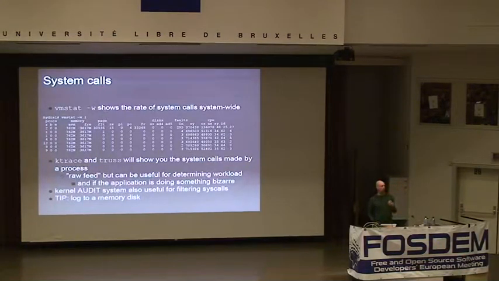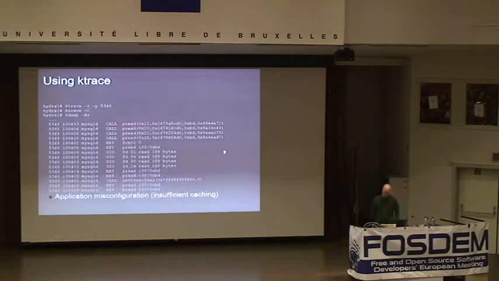But it can be configured to do very fine logging of process activities, including logging each syscall with arguments and so on. So if you turn on audit, you get a feed of what's coming out for each process, and you can filter this in various ways. Typically with these high volume kinds of data flows, you want to try and log to memory disk if you can, because you don't want the I/O to be slowing down the process.